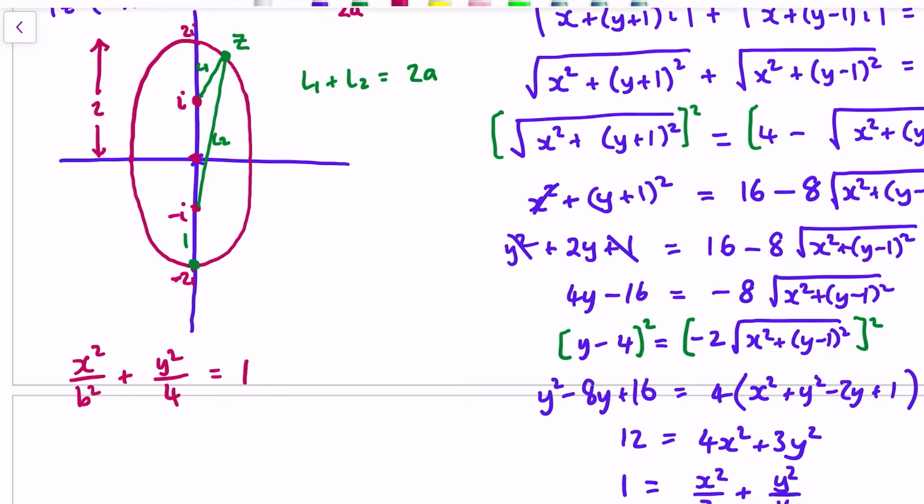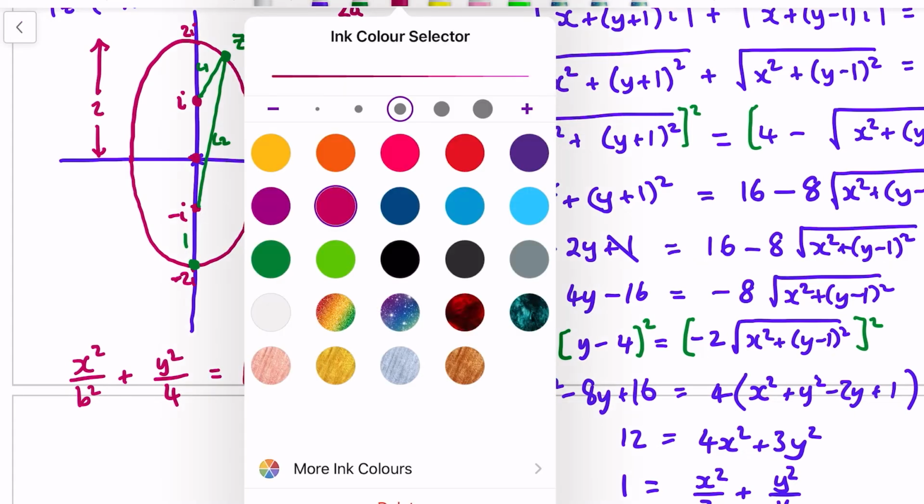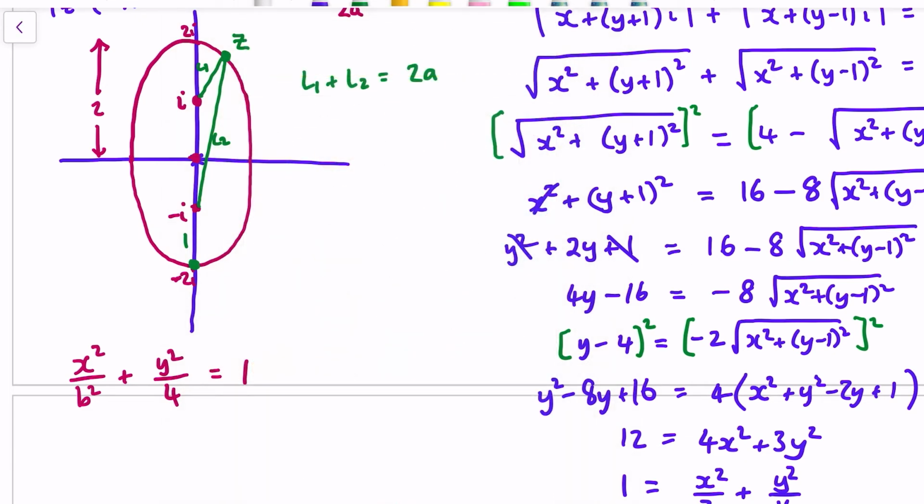And then to find b, I would have used the fact that the focus, which is normally given the letter c, is 1 from the centre. So c is equal to 1, and there's an equation that links a, b, and c together. It's on the formula sheet for an ellipse.